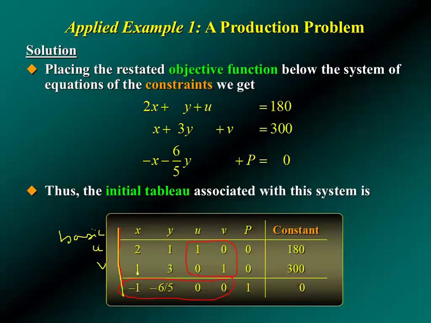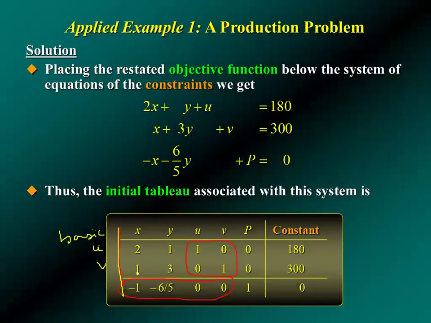Can anyone think of a very simple way of solving this system? Well, I have u equals and v equals here. If I put x and y equal to 0, I can just read off u equals 180, v equals 300. Isn't that a nice thing?